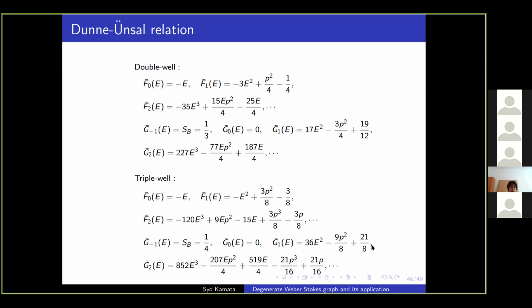This one? Anyways, okay. So this F0, F1, F2, or in the previous slide, E1, E2, E3, or such stuff is the H bar expansion of F, right? So this expansion is the quotient of omega in my talk.